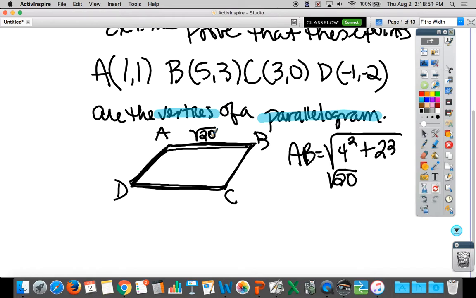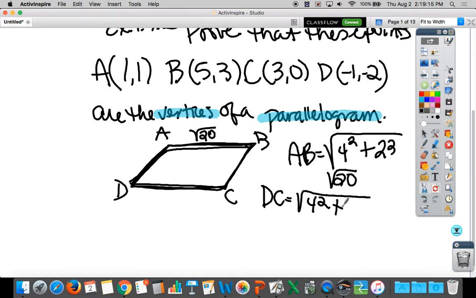Now I'm going to check DC. Okay, the difference here, 3 to negative 1 is 4. The distance here is 2. It's in the negative direction. Does it matter whether I put 2 or negative 2? Why? I'm squaring it.